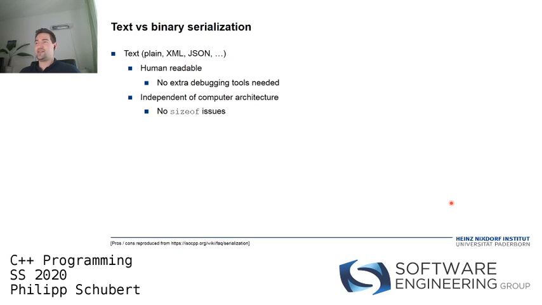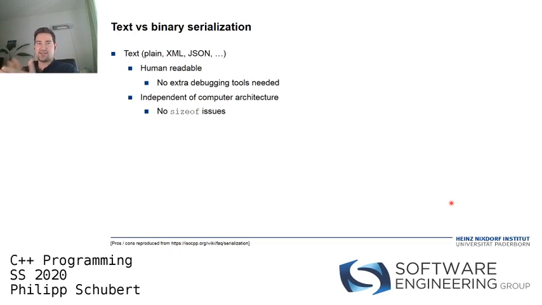You don't have any size issues, such that if you write an integer in text, it's just the text version of that integer. If you would write an integer in binary, maybe I write it on my machine and my architecture is 64 bits register width, and maybe you have an old 32 bits register width.